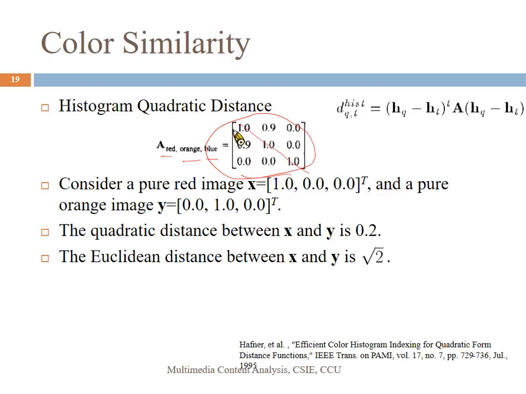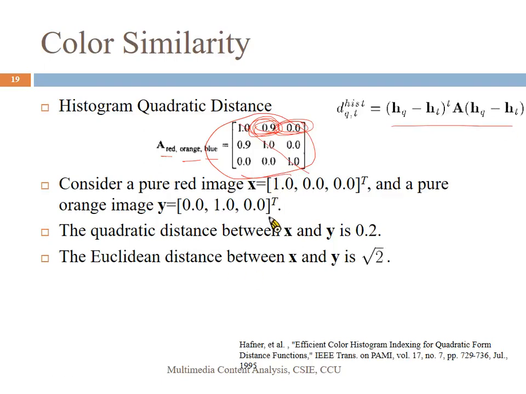In the diagonal, we have the highest similarity between red and red, orange and orange, and blue and blue. Between red and orange, the similarity would be 0.9. The similarity between red and blue may be 0. So we can have such a similarity matrix.